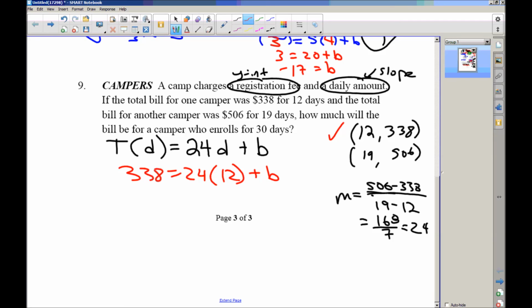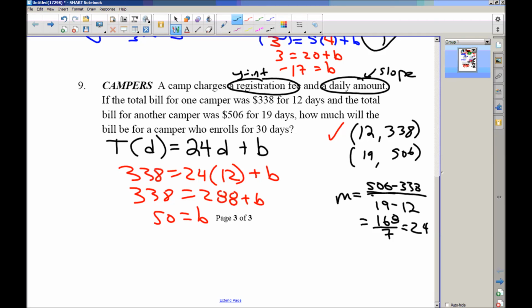Okay, so I do 24 times 12. This gives me 288. So 338 equals 288 plus b. And then I do 338 minus 288. This gives me 50. So our registration fee was 50.